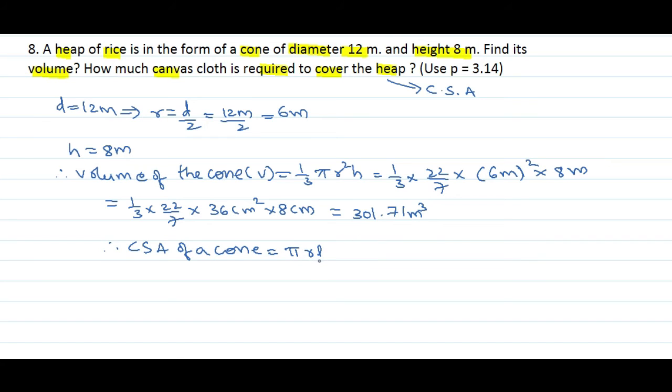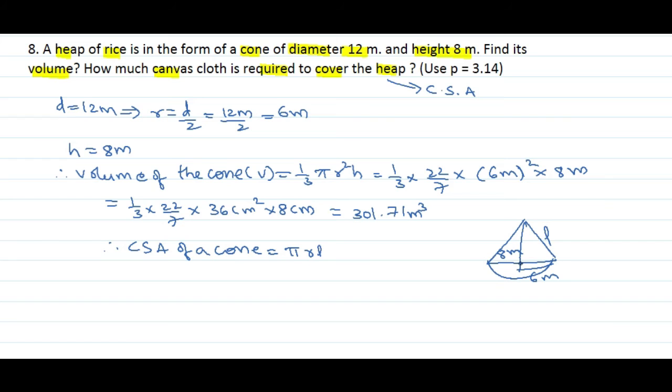But here we don't know the length value, so first we are going to find the slant height of this cone. Here radius is 6 meters and height is 8 meters. So we are going to find the slant height, which is equal to l.